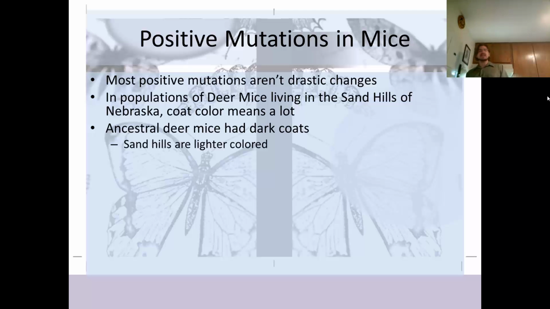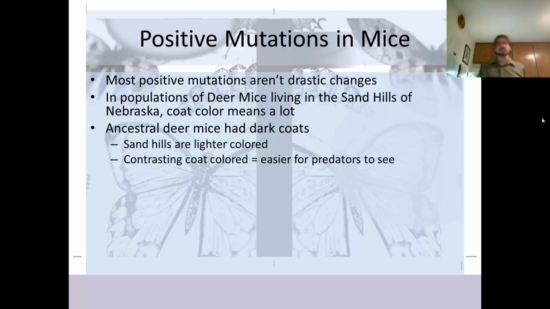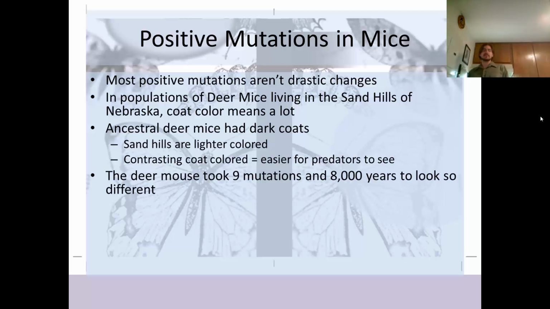The sandhills, however, are lighter colored. Sand is a very light, grainy material. So these dark mice wandering into the sand hills stood out pretty heavily. And so if you're a hawk cruising out over the sand hills and you see a dark colored mouse, bam, lunch. Contrasting coat colors are easier for predators to see.